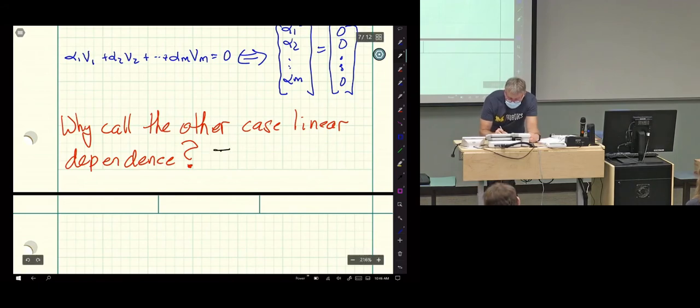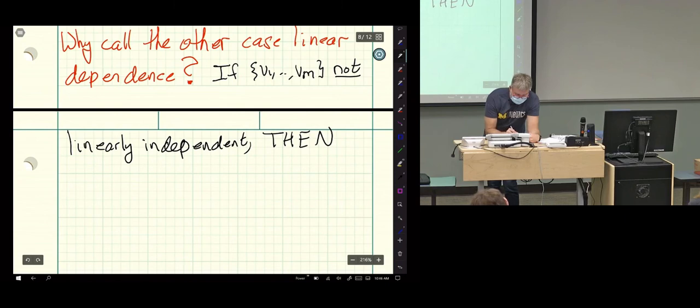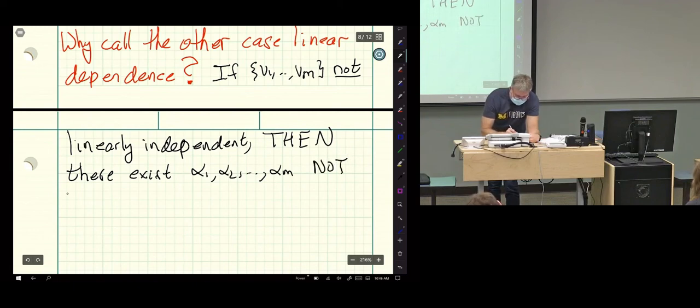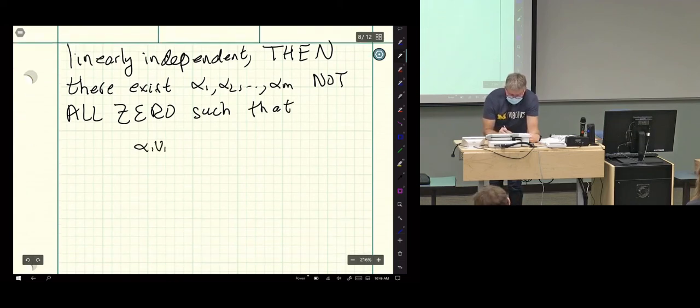Okay, so if I have a set that is not linearly independent, then there exist alpha 1, alpha 2, ..., alpha m, not all 0, such that alpha 1 times v1, alpha 2 times v2, ..., alpha m times vm equals the 0 vector.